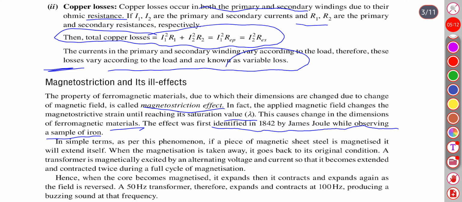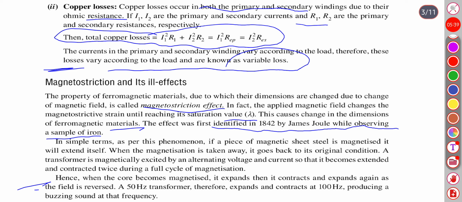A transformer is magnetically excited by an alternating voltage and current so that it becomes extended and contracted twice during a full cycle of magnetization. Hence, when the core becomes magnetized, it expands, then it contracts and expands again as the field is reversed.